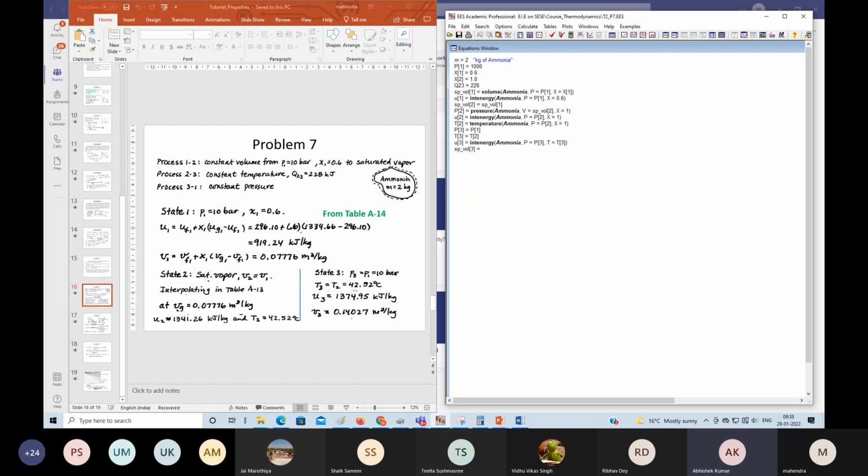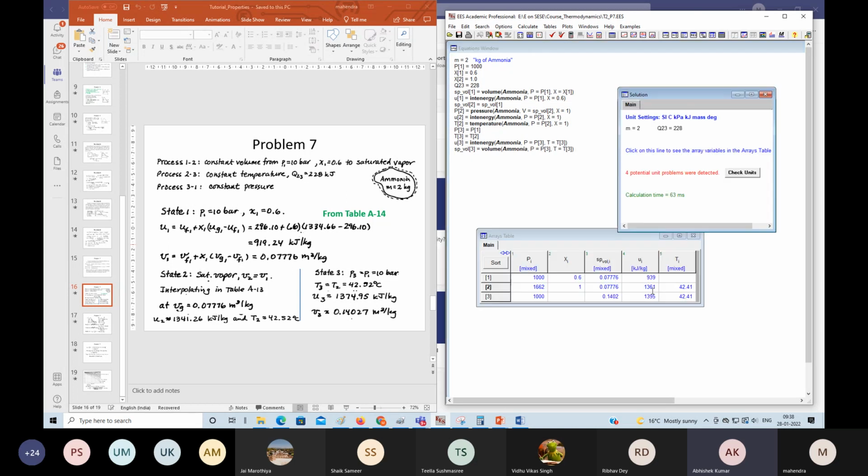So then that is volume here. Then equal to P3, sorry. Then run it. Let us see.